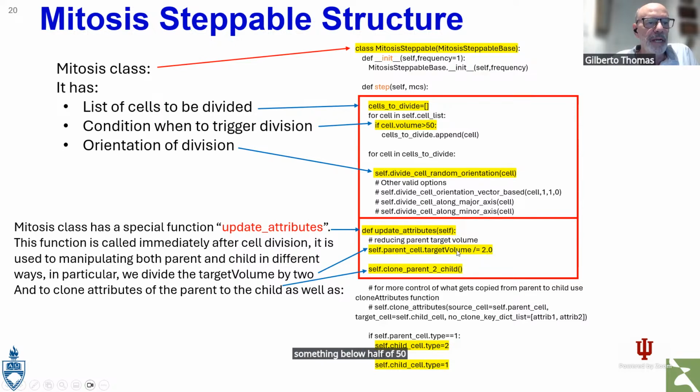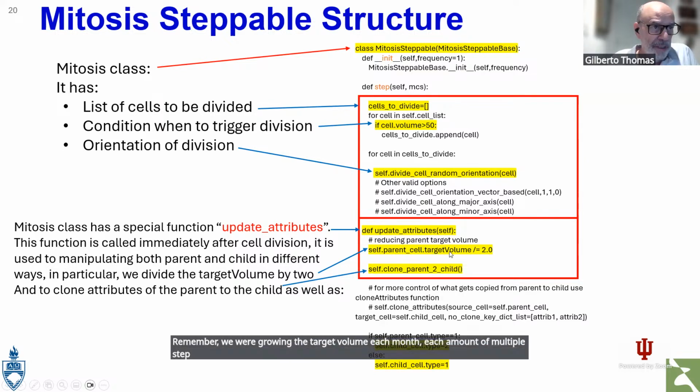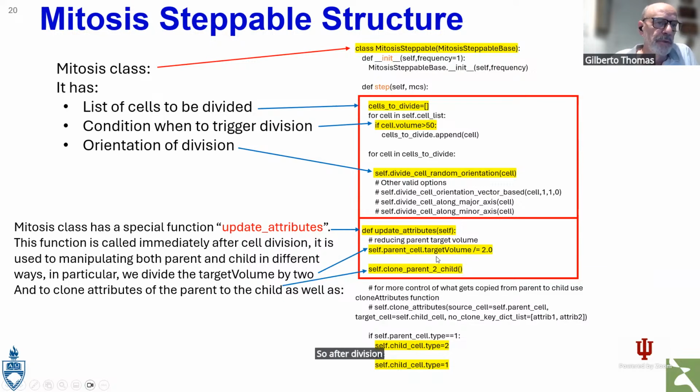Remember, we were growing the target volume each Monte Carlo step. So after division, we come back to the original value, divided by 2. And this command here, self clone parent to child, clones to the child cell, to the daughter cell, every attribute from the parent.